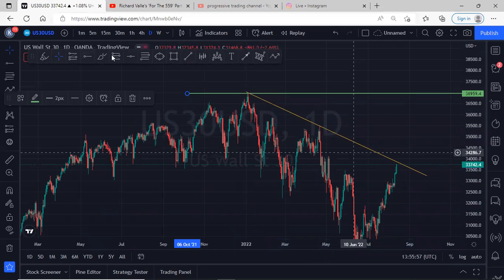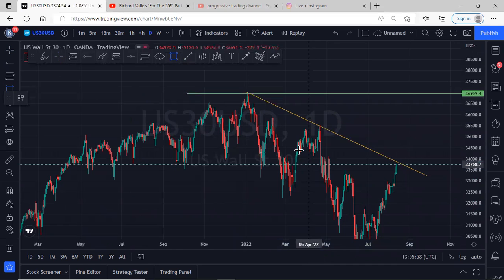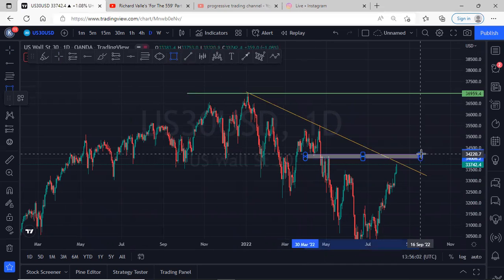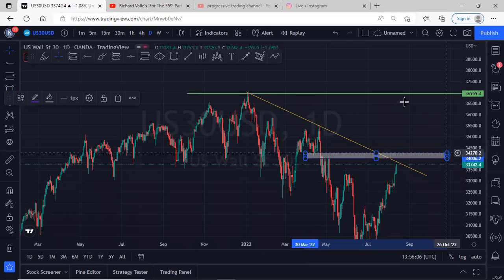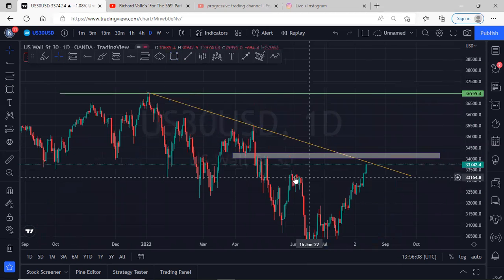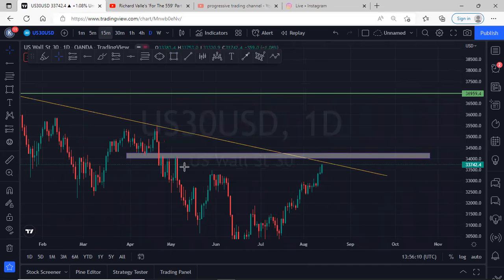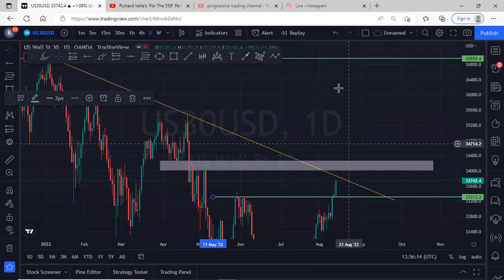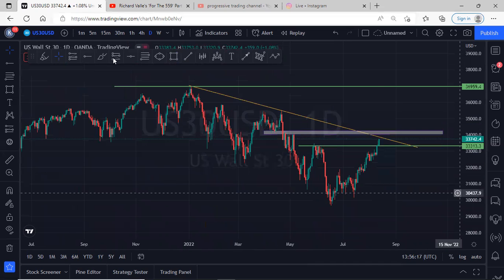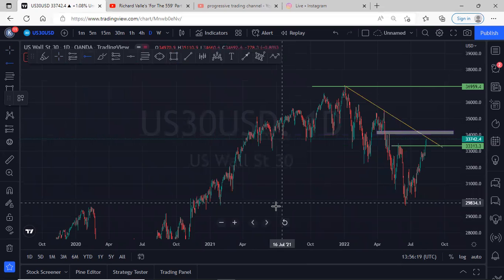And we have these areas here. Something like this. And we have this zone here. We broke out of this one. So as I said while analyzing GERMAN30, I'm pro buyers.